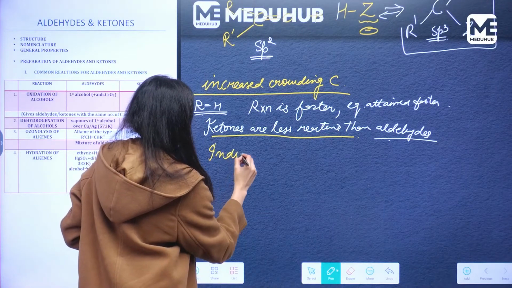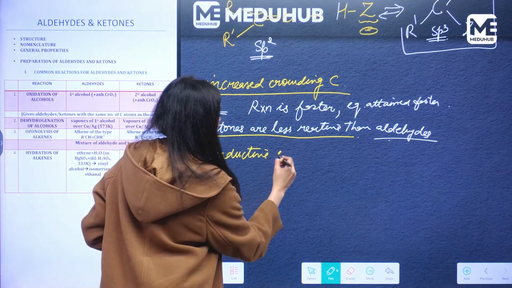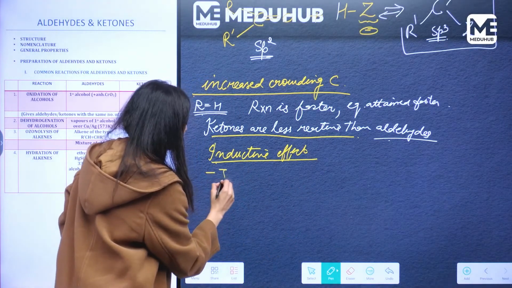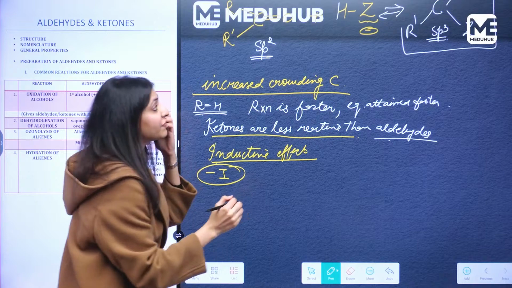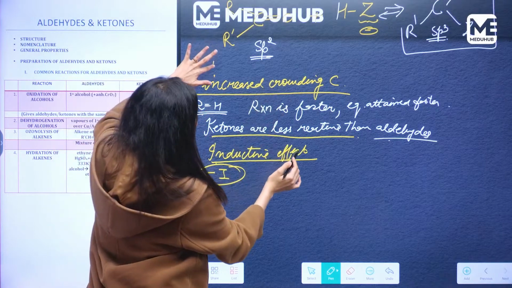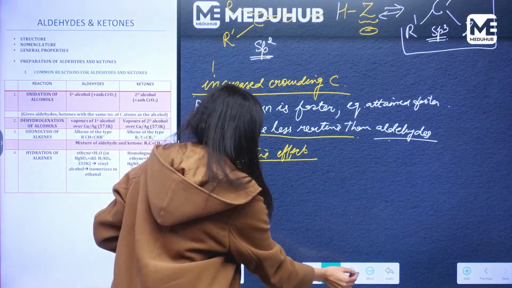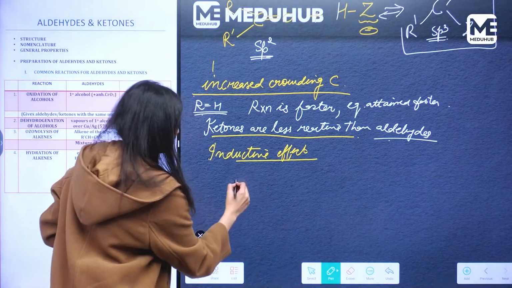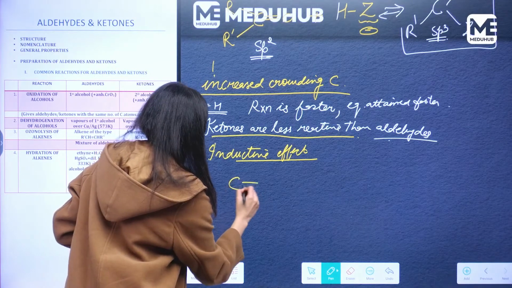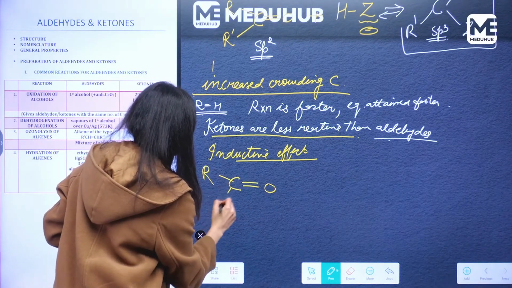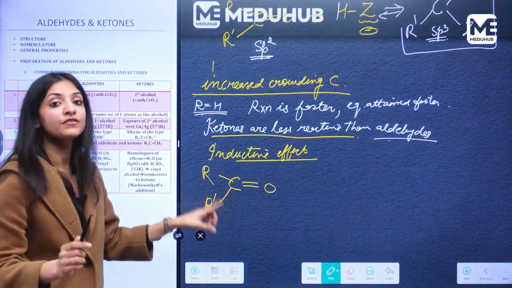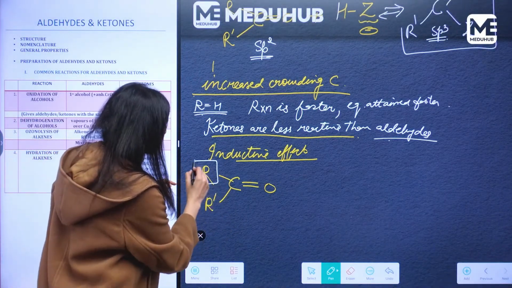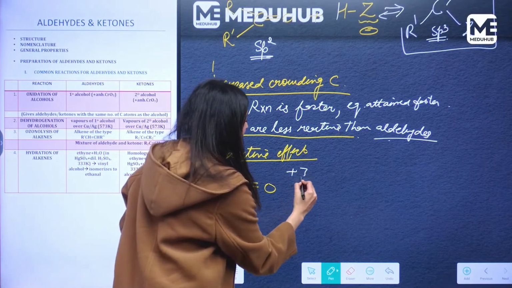Inductive effect. So due to the strong minus I effect, just a second, sorry. So let me draw the carbonyl carbon and the two R groups. In the case of an aldehyde, since one of the R groups is hydrogen, only this R group has a strong plus I effect here.